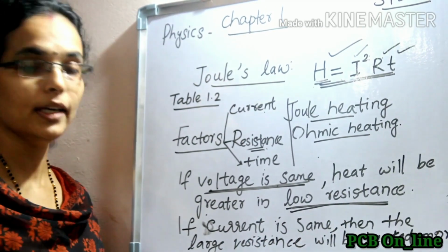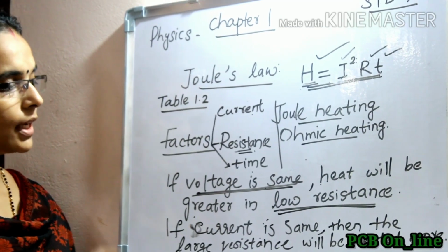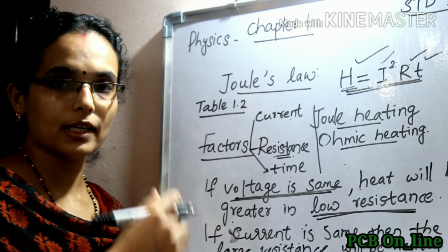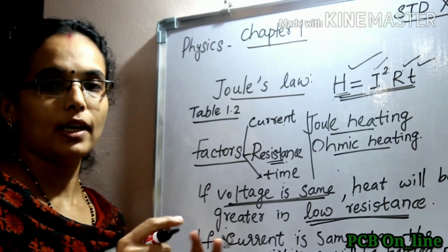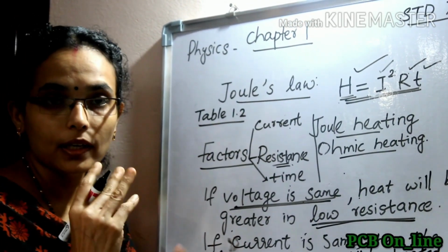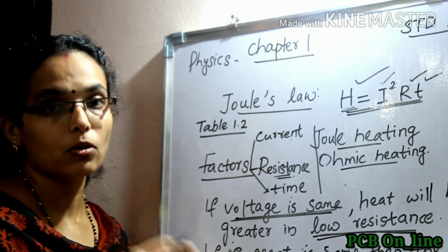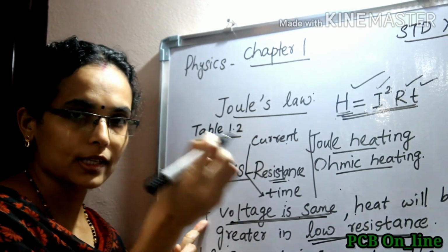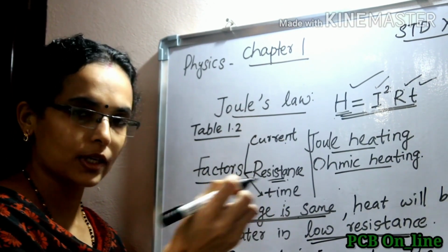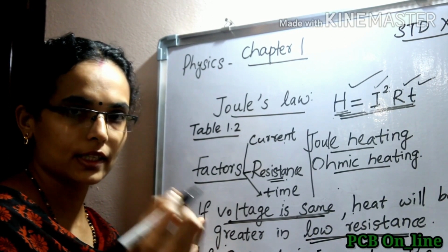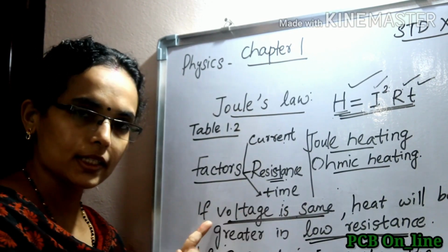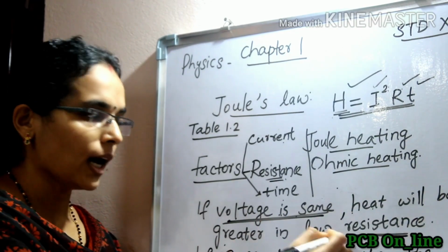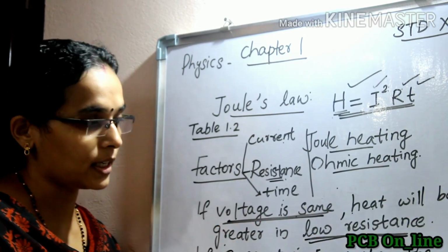Thus we cannot say that if the resistance of a resistor is greater, the heat generated in it will be greater. It depends on two factors. If the voltage available to the resistors is the same, with two resistors of different values connected so that each has the same voltage, then the low resistance will have greater heat energy.